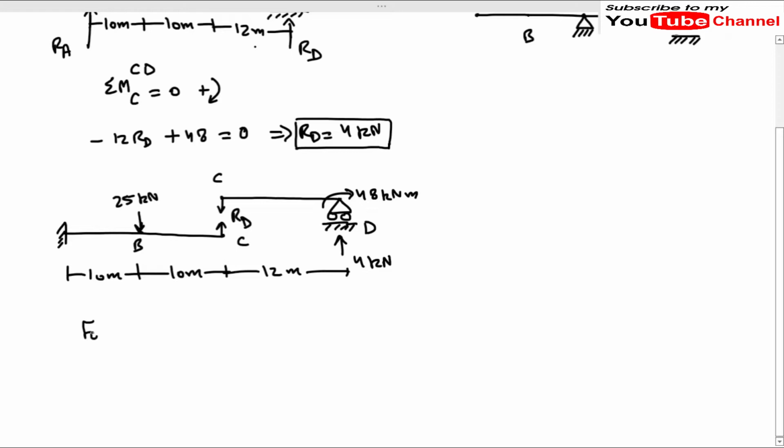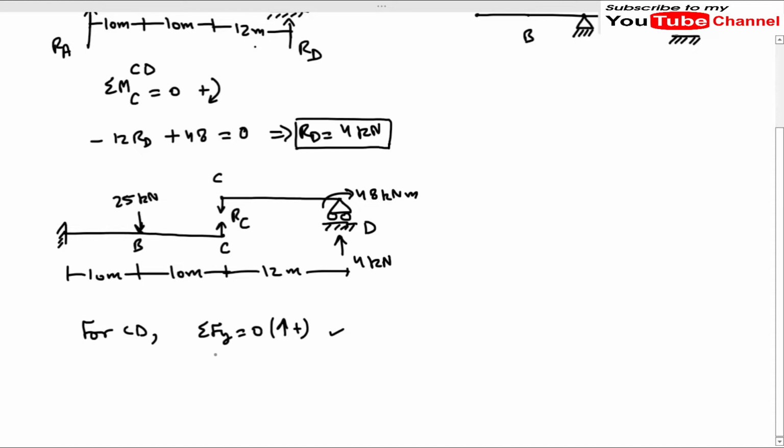Let me write here for CD, sigma Fy is equal to 0. From here we will get the value of, sorry, this is not RD, this is RC, and this is point C. From this equation you will get the value of RC.